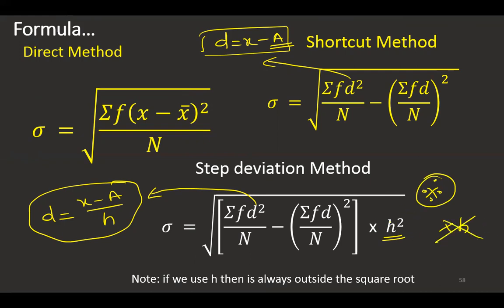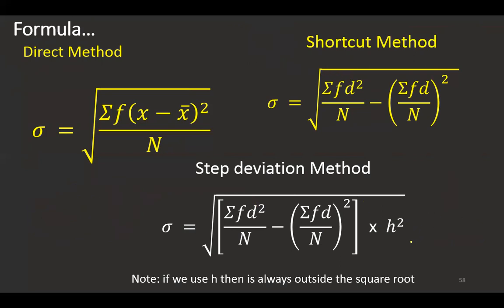For variance and standard deviation, h is taken as h square and multiplied. If you remember that alone, you won't have any confusion. So here it should be h square, not h. In some books, if you see h, it should be outside the square root. Only one hint I'm going to tell: if you use h, it is always outside the square root.